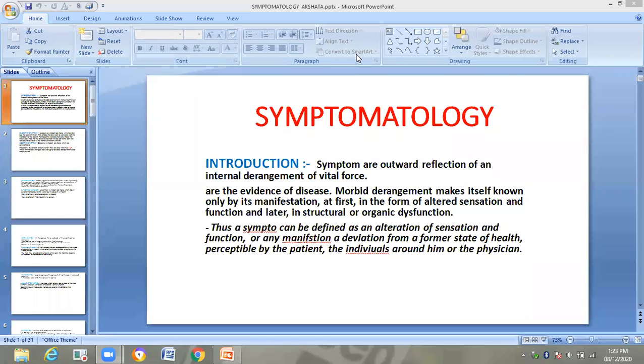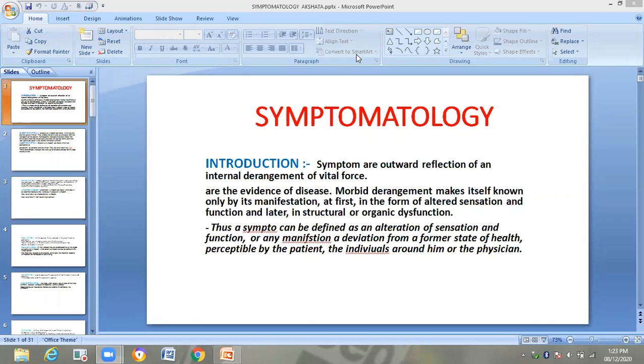We unknowingly take breath, our heart is working, all our organs work under our vital force which controls them, and all these coordinations take place unknowingly. There are no extra efforts we have to take to do all these activities.